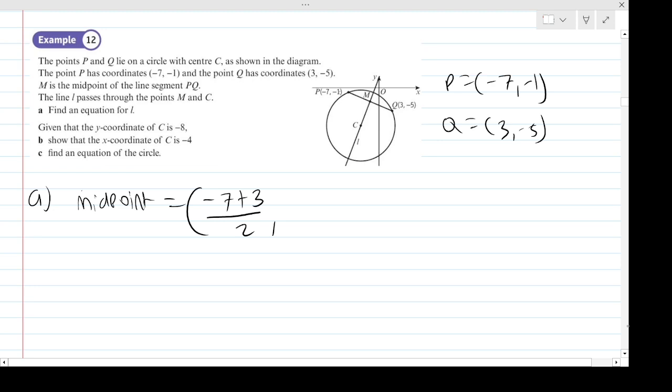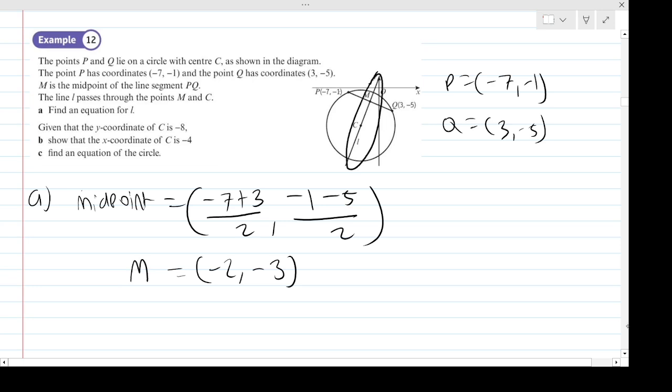Then we add the y coordinates, so -1 add -5, over 2. -7 add 3 is -4 over 2, that's -2. Then -1 -5 is -6 over 2, that's -3. Cool, so we have -2, -3 there. So we've got our midpoint M, a point that lies on this line here.